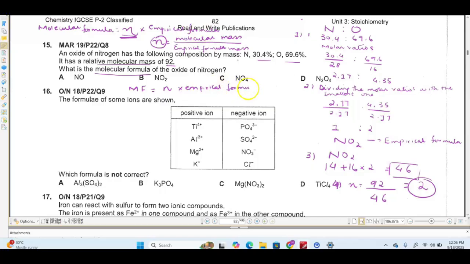The value of N is 2 and our empirical formula was NO2. So if we multiply 2 with this, we are going to get N2O4. Okay. So this is the molecular formula of the compound that had nitrogen and oxygen in this combination. So here D is our correct option.